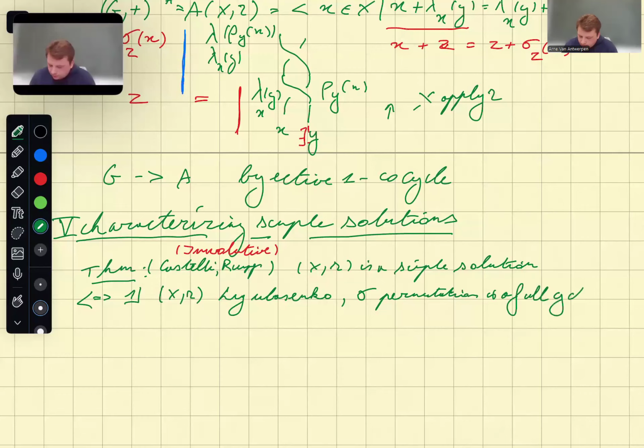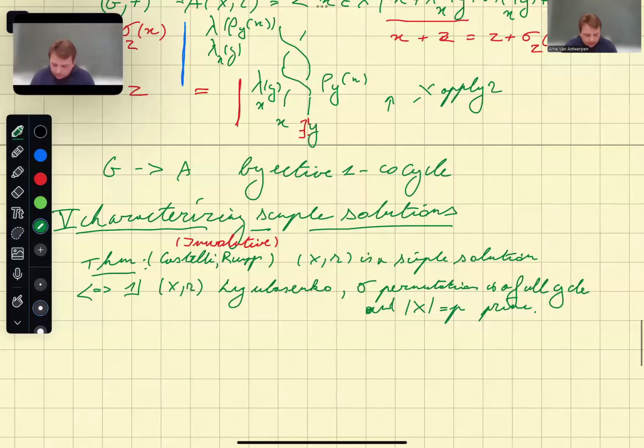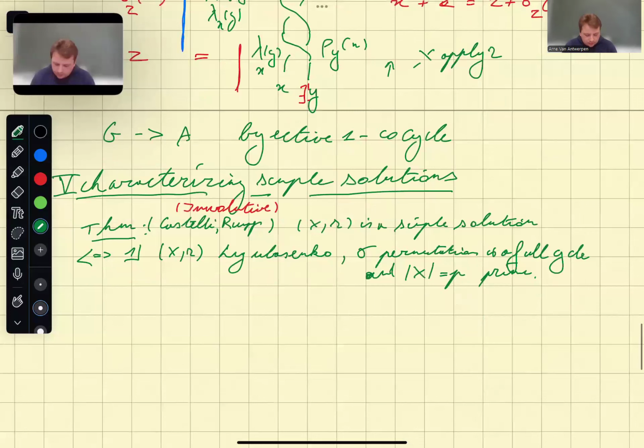The size of X has to be a prime p. That's one case, in some sense the easy case. And then you have something that will depend on braces.